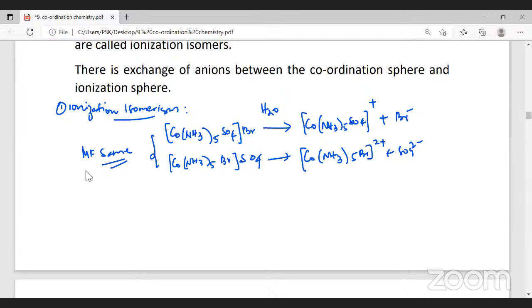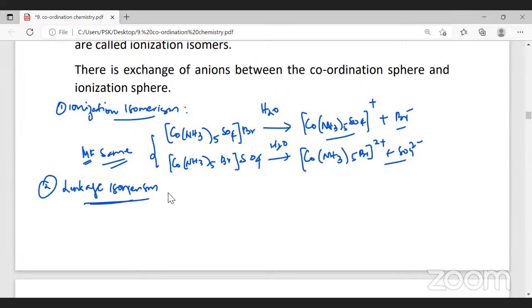Coordination compounds having same molecular formula, but they ionize in water to give different ions is called ionization isomerism. You followed this? Yes, sir.